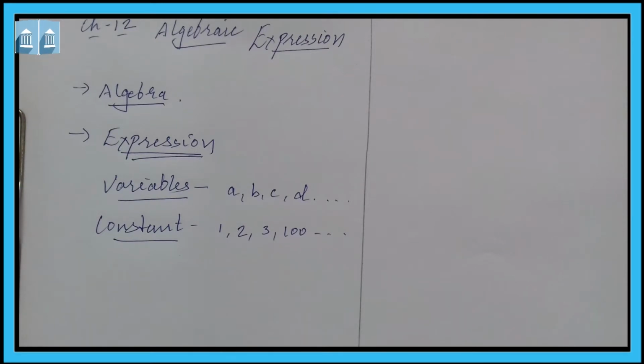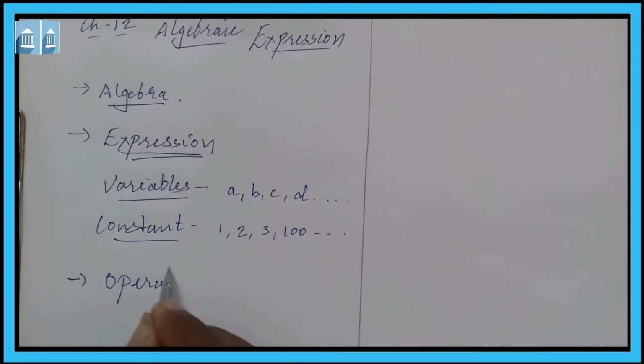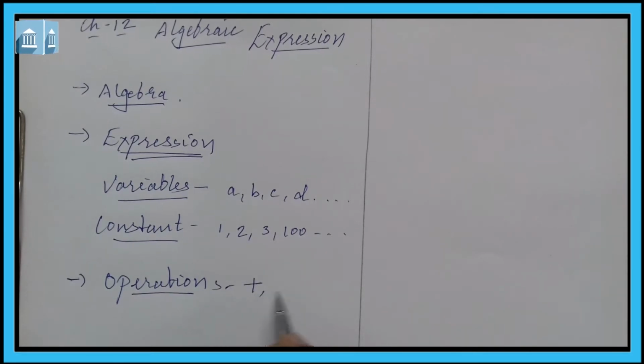And when we mix constants and variables together, and use the operations of mathematics like plus, minus, multiplication or division, then an algebraic expression can be formed. Now a, b, x, this is also an algebraic expression.